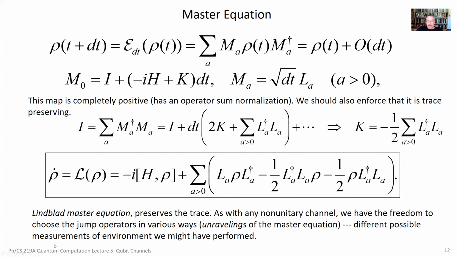So that just gives me a commutator of the Hamiltonian with the density operator with the coefficient minus i. And that's just the Schrodinger equation for a density operator.